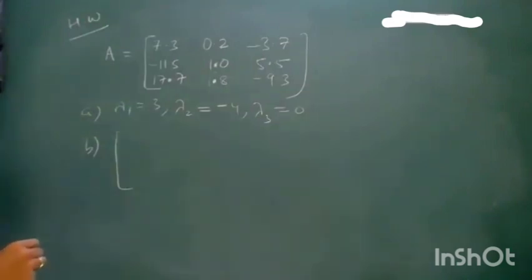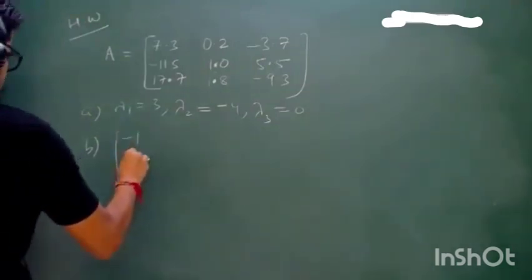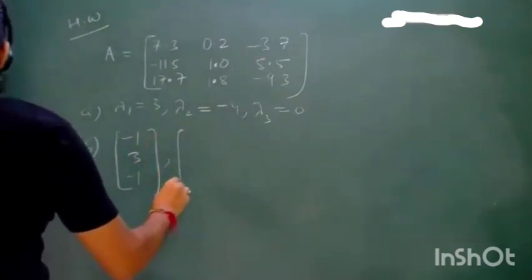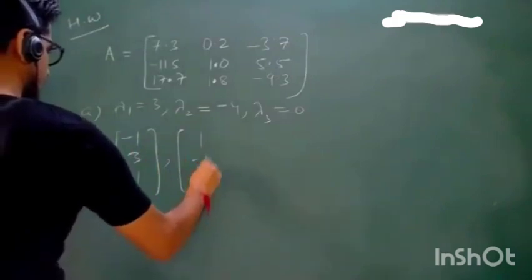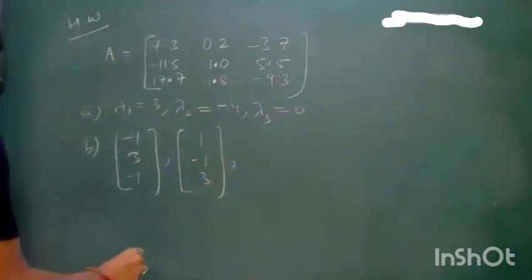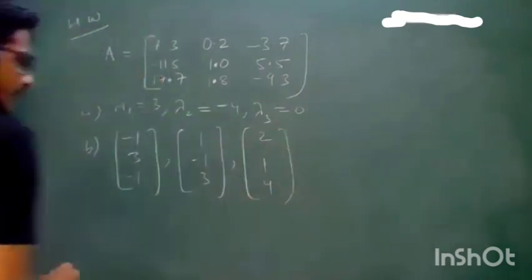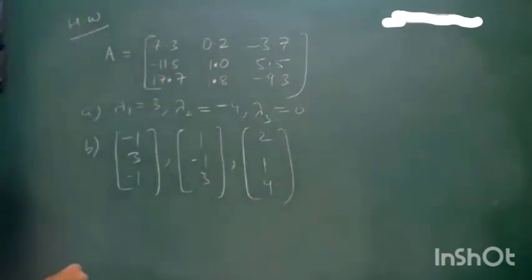Okay. And the eigenvectors are -1, 3, -1 and 1, -1, 3 and 2, 1, 4. These are the eigenvectors.